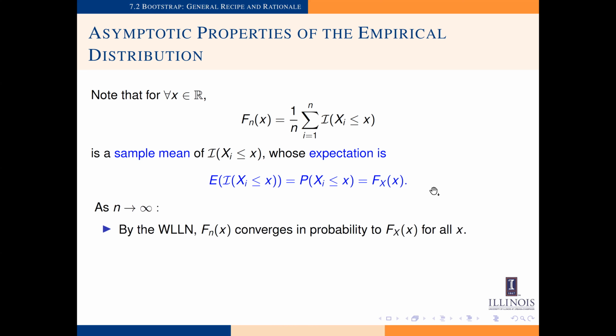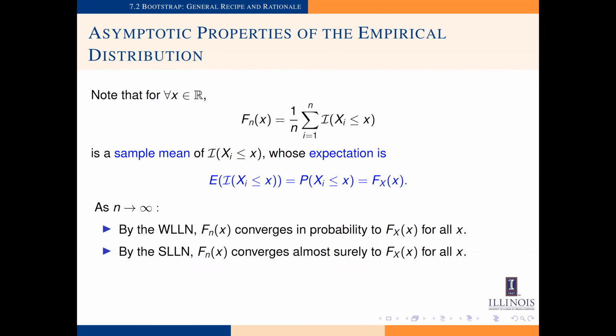And as n goes to infinity, so as our sample size gets larger and larger, by the weak law of large numbers, we know that this sample mean Fn of x converges in probability to F_X of x for all possible x values in R. So what this says is that as n goes to infinity, the empirical CDF will get closer and closer to the theoretical CDF for X.